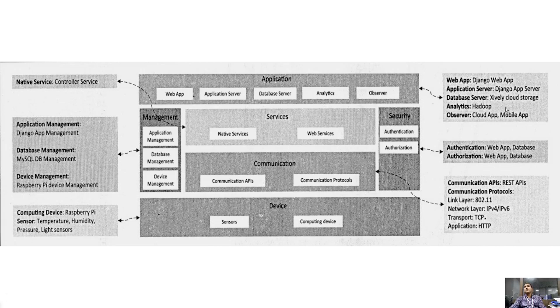Similarly, from the application point of view, we require some Hadoop to work on the big data being gathered by the IoT devices in the cloud. We also have some cloud apps and mobile apps here, and since we are working with cloud storage, this Lively cloud storage has been used here, and respectively these have been mapped with the application functional group.